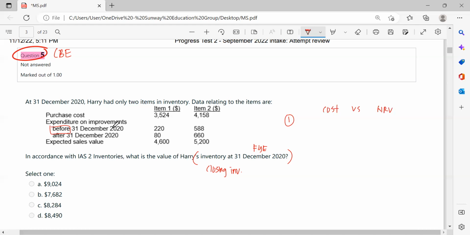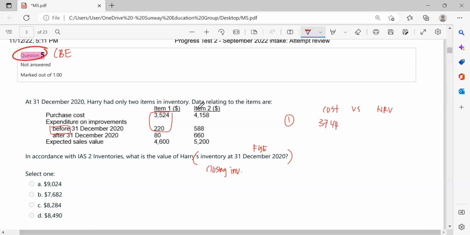Whatever amount you spend just to make your inventory better is all included as cost. So the cost of item 1 includes 3524 and 220. You bought that item at 3524 and further spent 220 to make it better. So right now the cost of your inventory should be 3744.